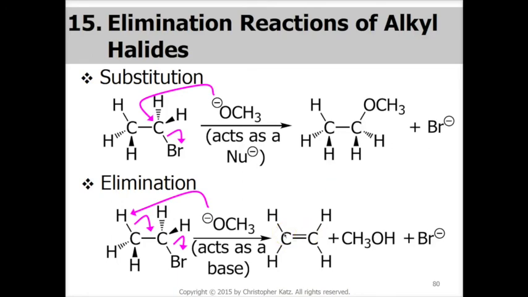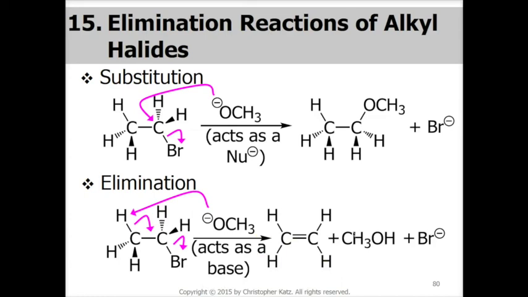But there's something else called elimination, where methoxy is now acting true to its form. It says, hey, I'm originally a base, not a nucleophile. So bases do what they do. It will abstract a proton, and then that proton will release the bond from a neighboring carbon that will snap on down, and have that bromine snap on out to give you your ethylene species.